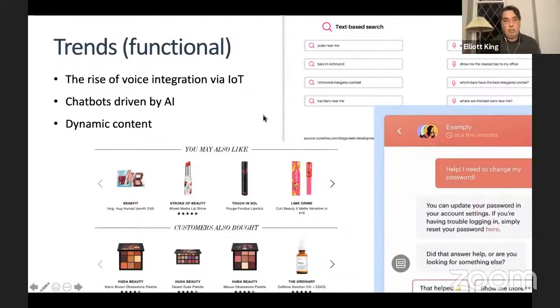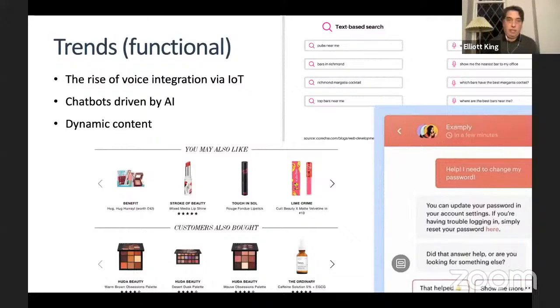Chatbots, the integration of chatbots, companies have been doing this for a while now. Chatbots can be driven by a manual operator, a person in your company or representing your company, but increasingly chatbots can also be managed by artificial intelligence. Cloud artificial intelligence is getting increasingly effective at interpreting a question and drawing down on the database to give a more relevant answer.